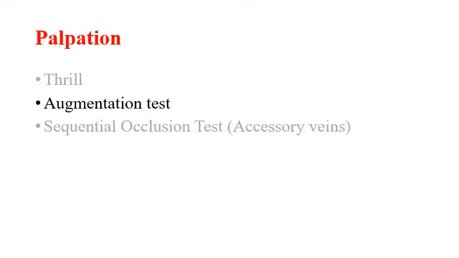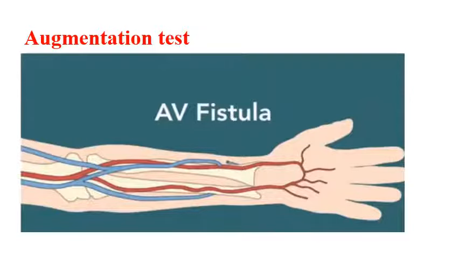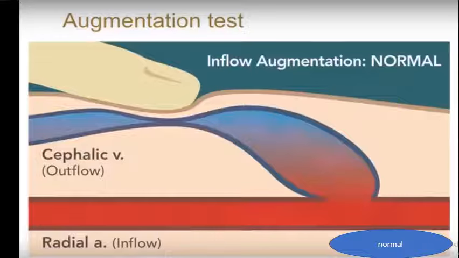After this, we have to do the augmentation test. What is meant by the augmentation test? Again, I'll say that the artery is the inflow of the AV fistula and the vein is the outflow of the AV fistula, draining the AV fistula or taking the blood out of it. Usually, the augmentation test is done like this.